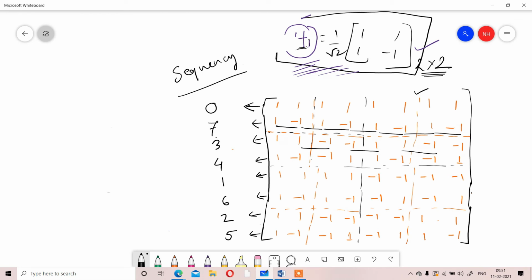So does it define anything to you? Is there any pattern in the sequential order that you are getting?